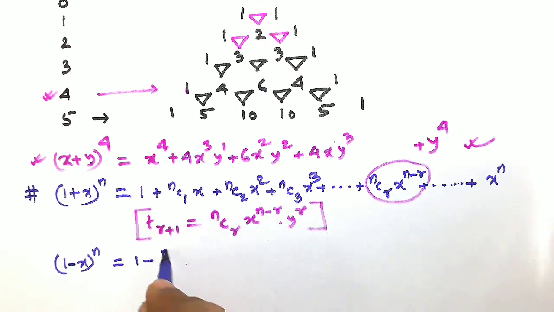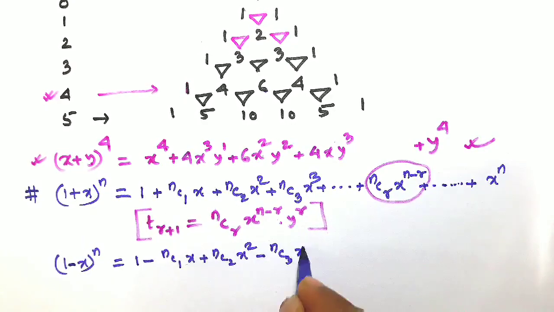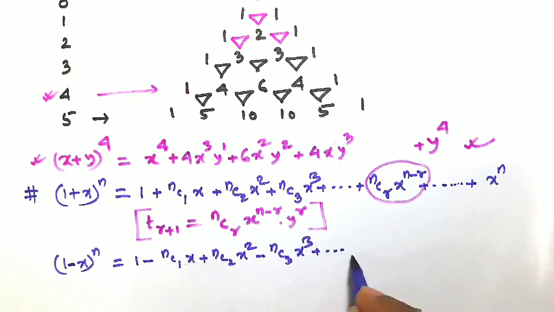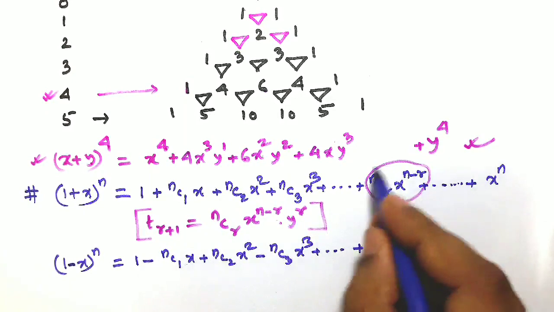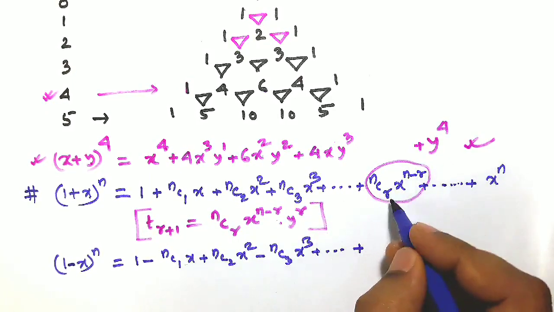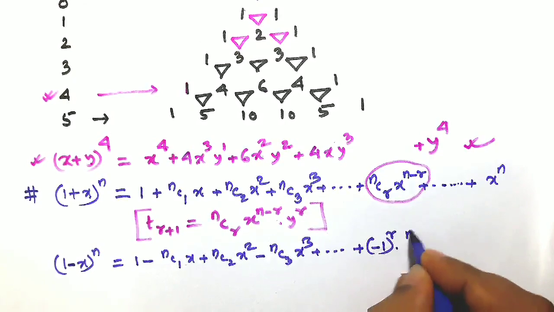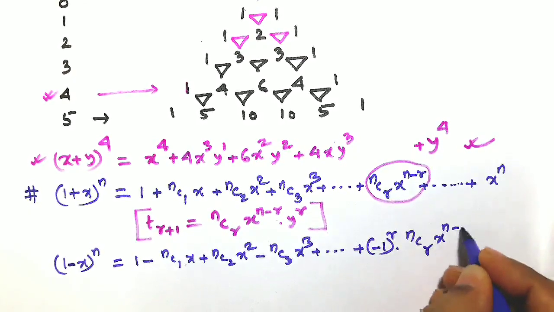So this is 1 - nC1 x + nC2 x^2 - nC3 x^3 + so on. It is being continued, and in the general term you do not know what the sign will be. So for this we have to put an operator here. The operator is (-1)^r into nCr x^r.